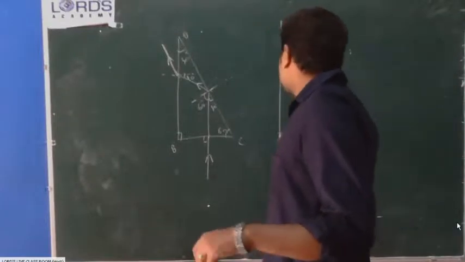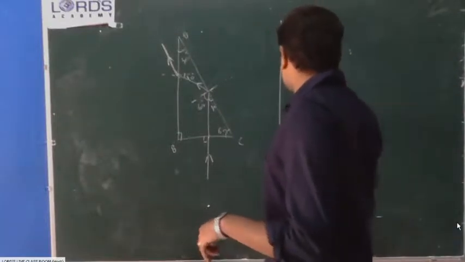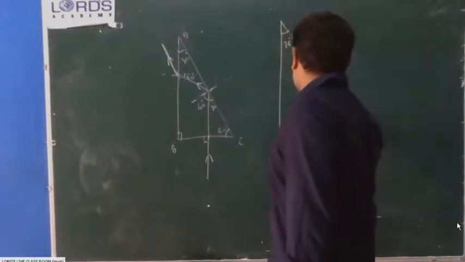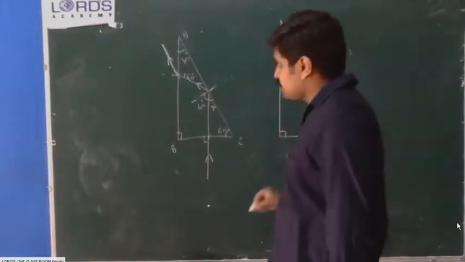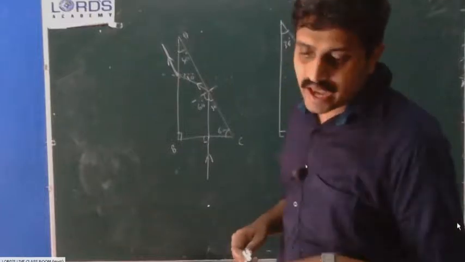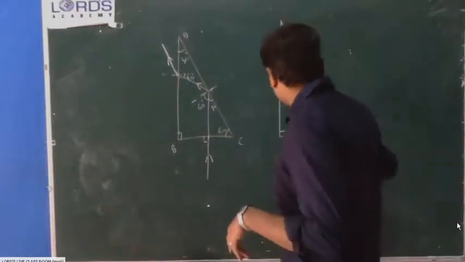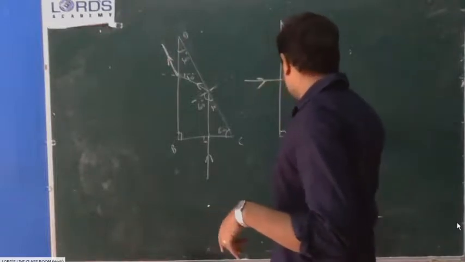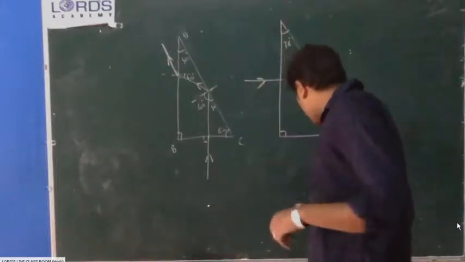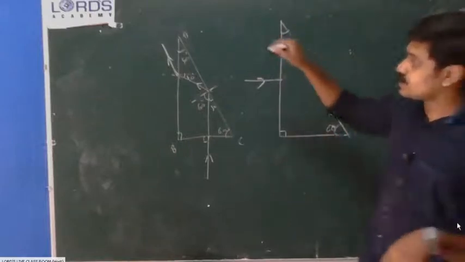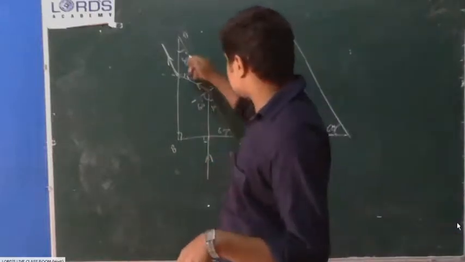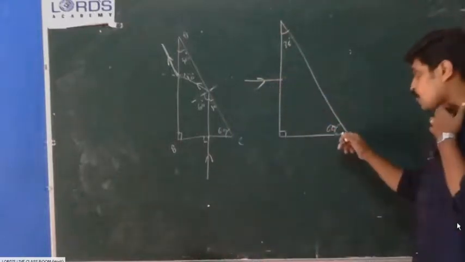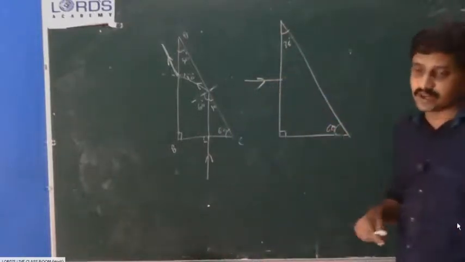Just understand the difference between these two. 30 degree, 60 degree, 90 degree. This time the ray enters through the side opposite to the 60 degree angle. Study according to the angle. Here, through the side opposite to 30 degree, the angle is 0.